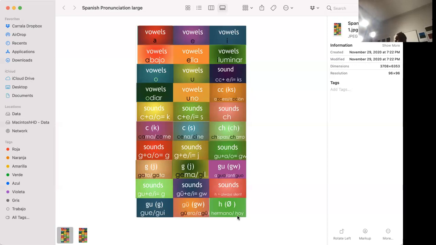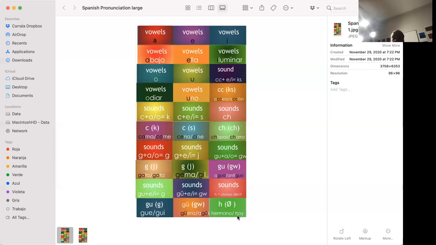is the actual sound of letters, especially vowels, but not exclusively vowels, in Spanish.